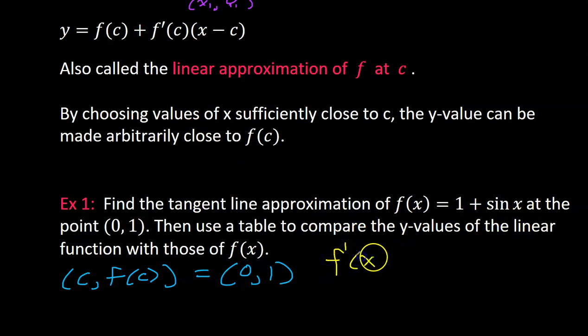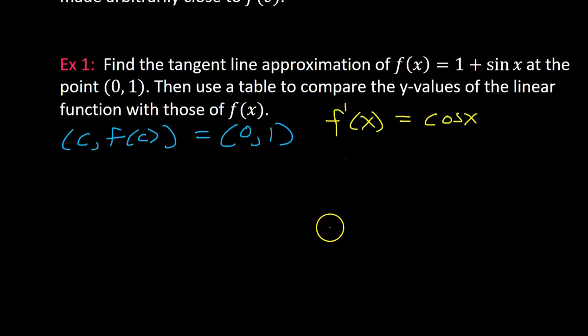F prime. So the derivative of the constant is 0, and then the derivative of sine x is cosine x. So that's it. That's the derivative of f of x.